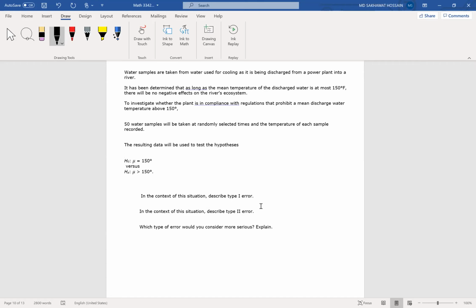In the context of this situation, describe the type 1 error. So what is the type 1 error in this case? When does a type 1 error occur based on a decision or your test? Okay, so I should recall the type 1 error. Type 1 means reject null when null is true.